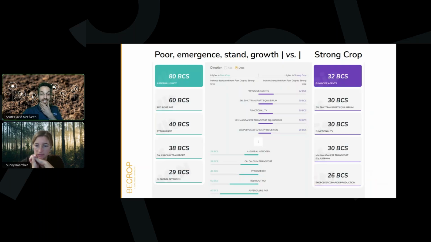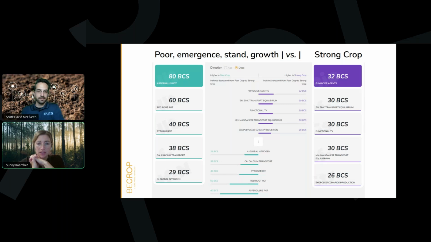Here we're going to use again our metric box plot tool to compare two samples. Sonny, what stands out here as the biggest differences between, on the left, our poor performing, unhealthy, low yield field, and on the right, high performing, stronger crop?